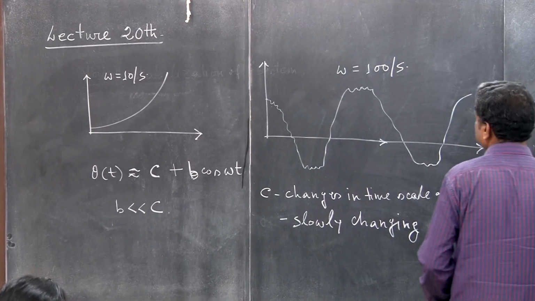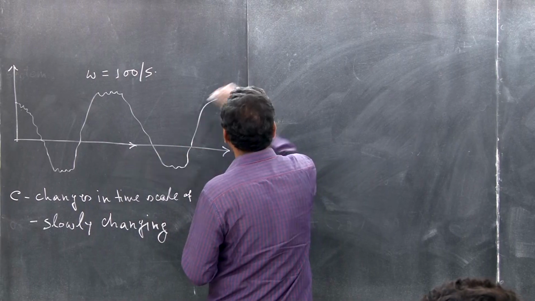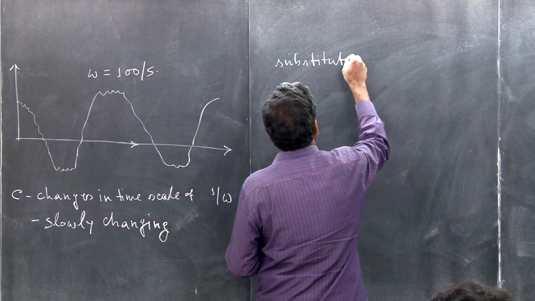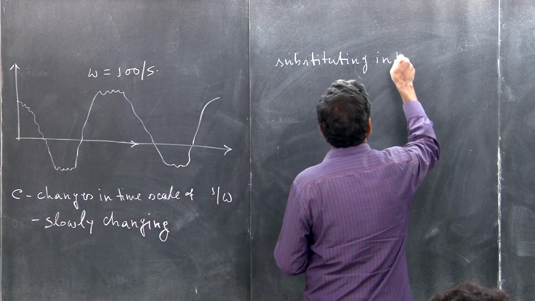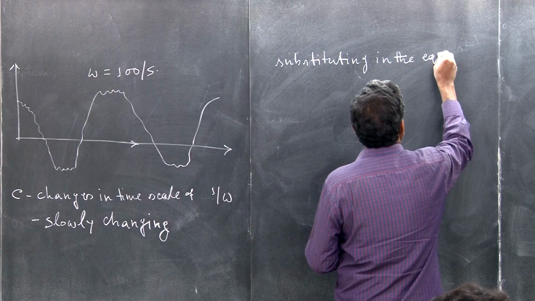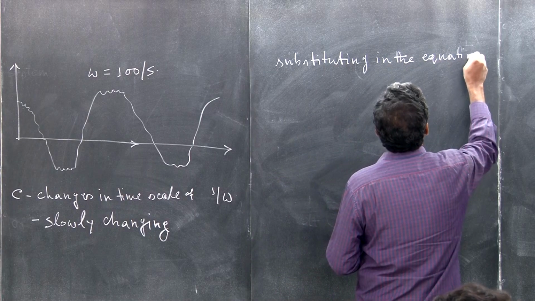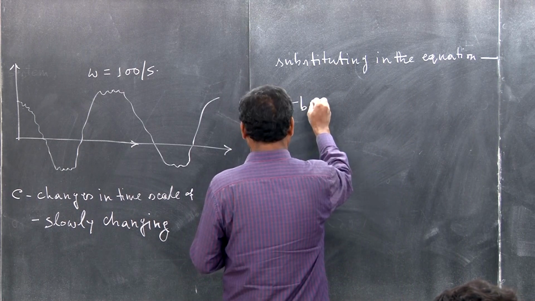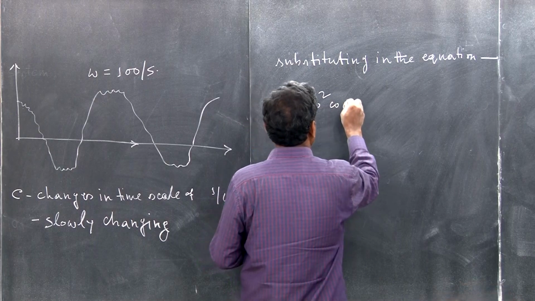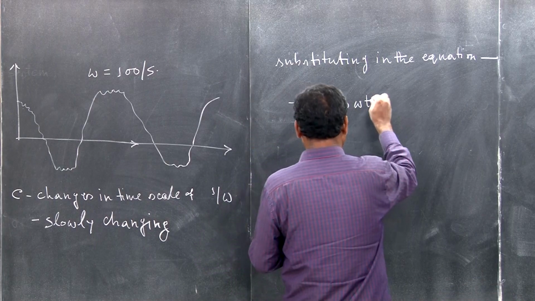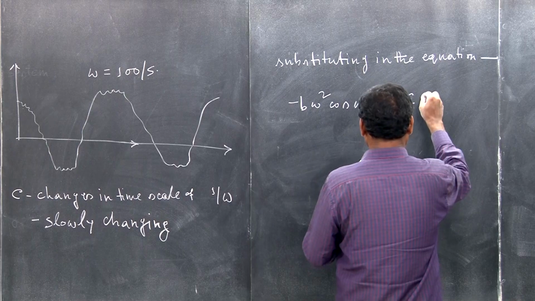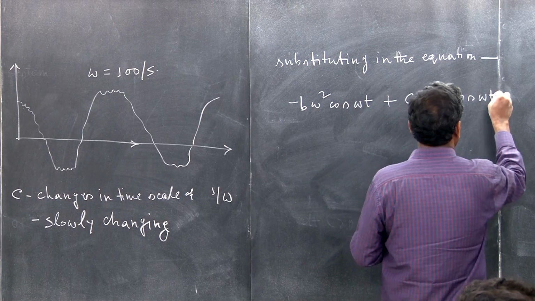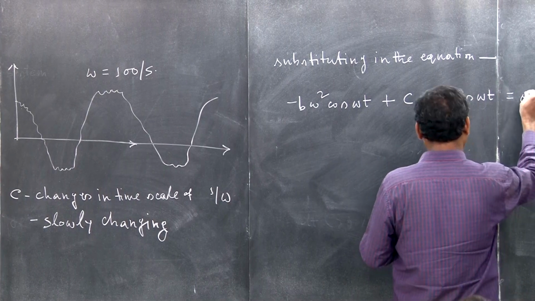Now if we substitute in the equation, we will get minus b omega square cosine omega t plus c a omega square cosine of omega t is equal to 0.